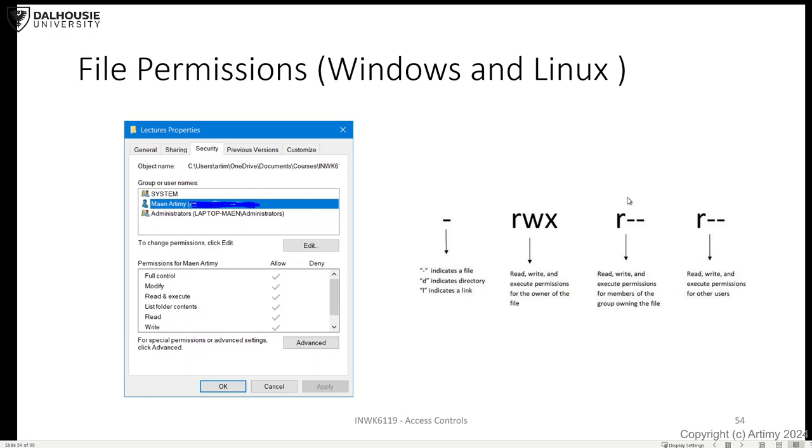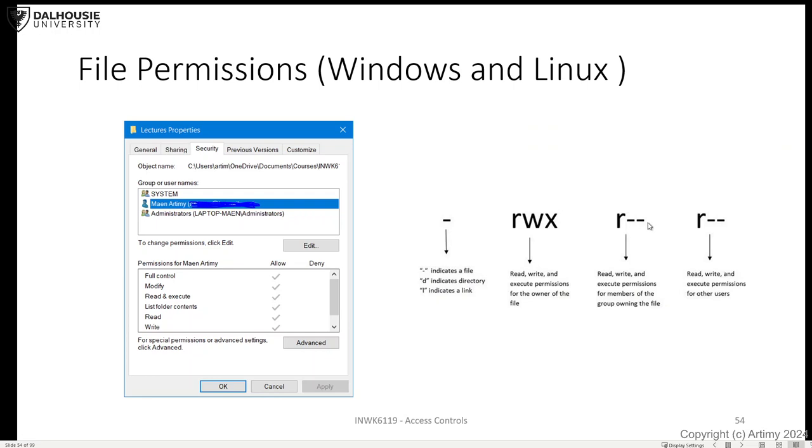The next group of characters refers to group permissions. So I can assign a group of users permissions to read this file or write or execute. In this case, the user gave permission to a certain group to read the files only.